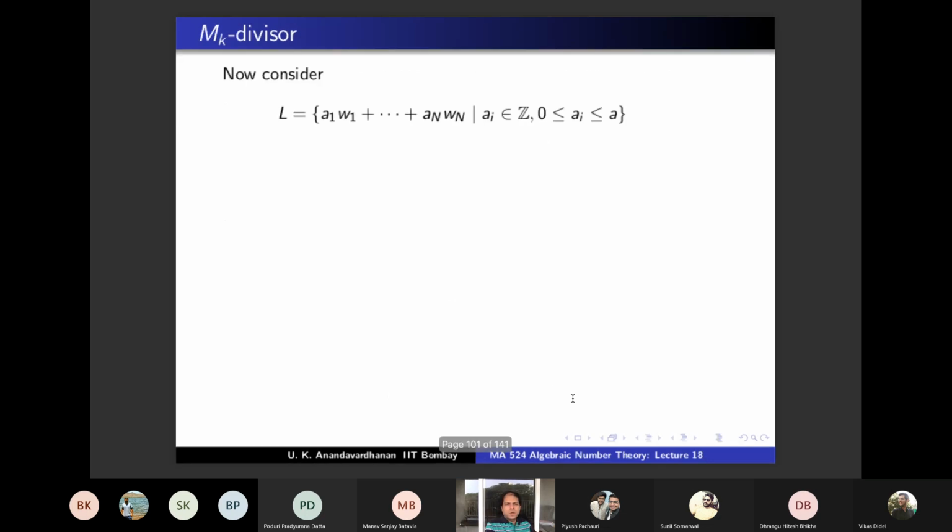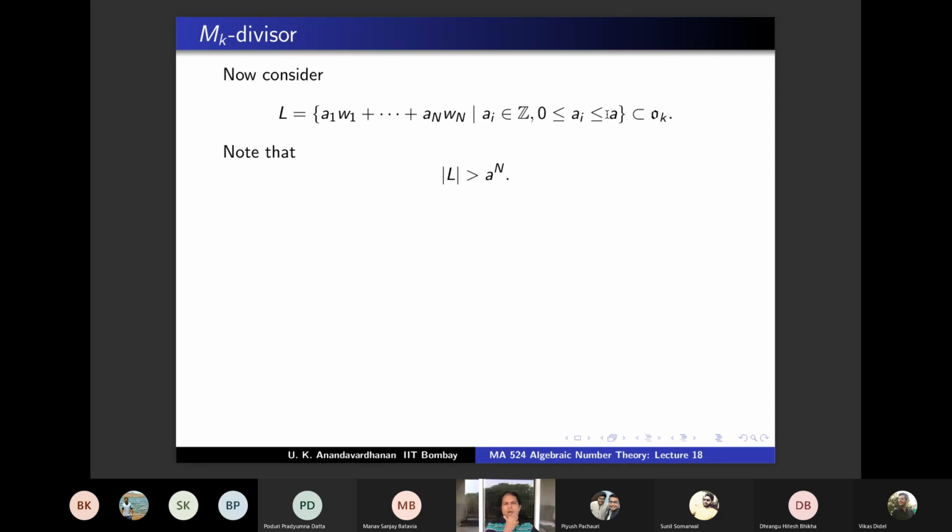So let's continue. Now we are going to consider this set, this collection L. So what is this? This A that we have chosen, the AI are integers between 0 and A, so A plus 1 many integers. This is the basis that you have chosen, W1 etc., Wn, and consider integral combinations where the AIs are between this. So it's a box inside your ring of integers, so this is contained in OK.